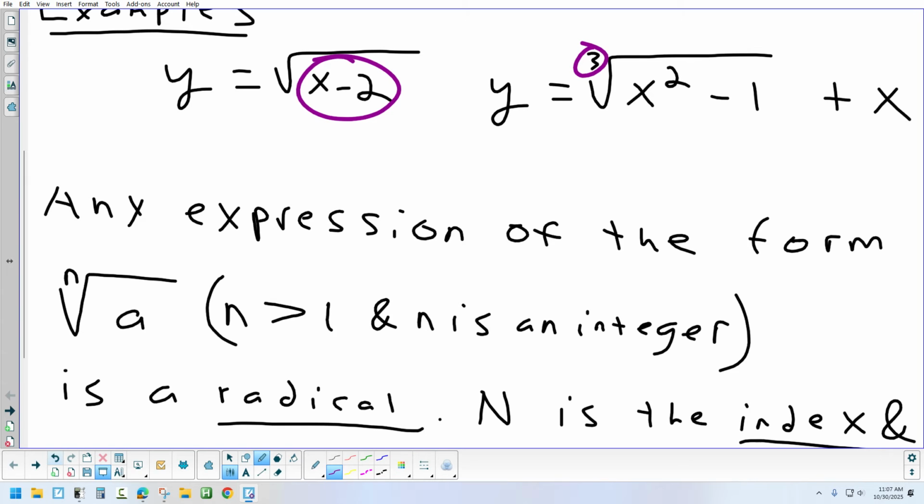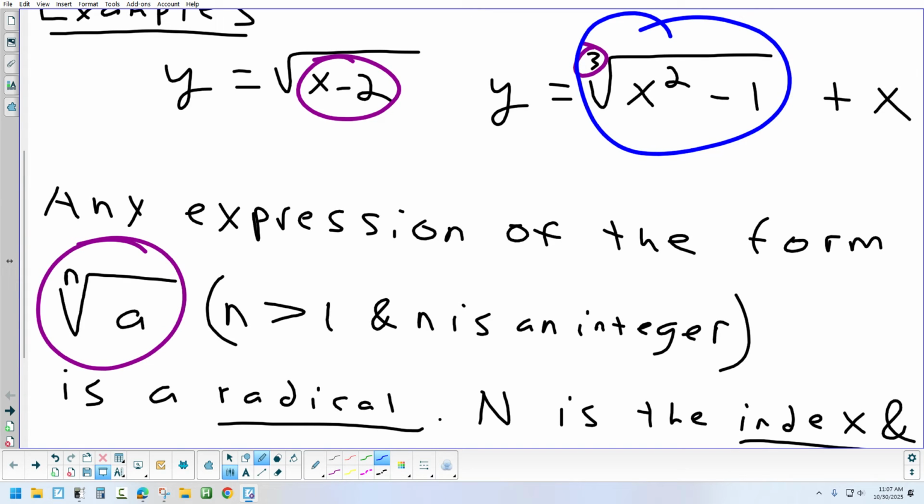The symbol, this entire thing, this expression, that is called a radical, or a radical expression. So like this part in green right here, or blue I guess, that's a radical expression. If you include the y equals with it, that's a radical equation.